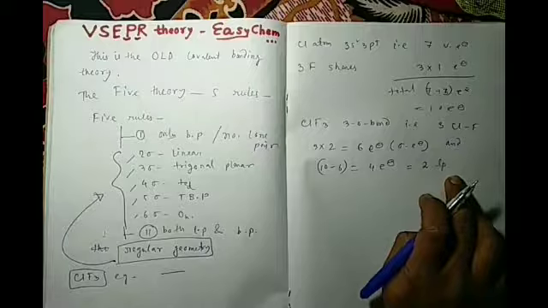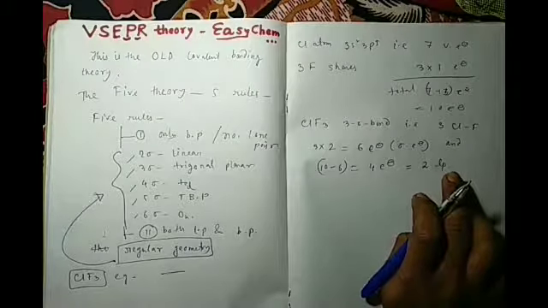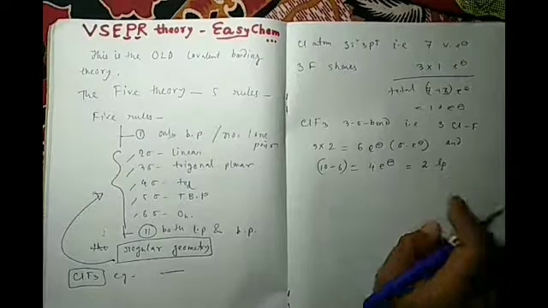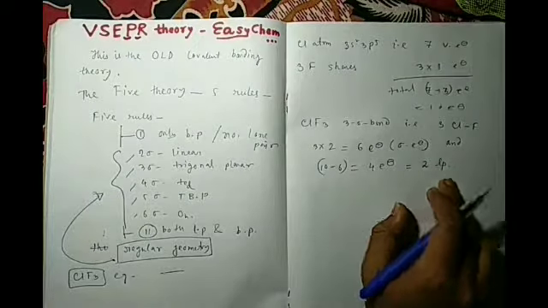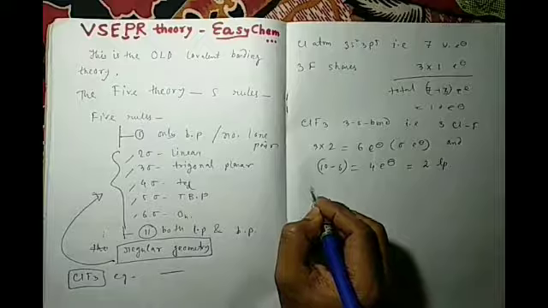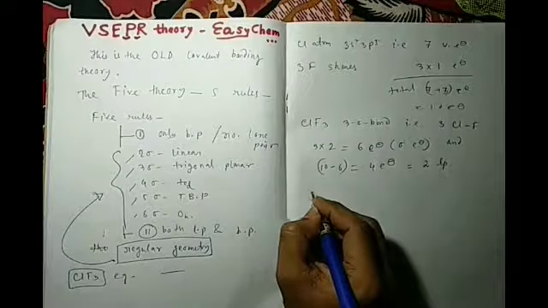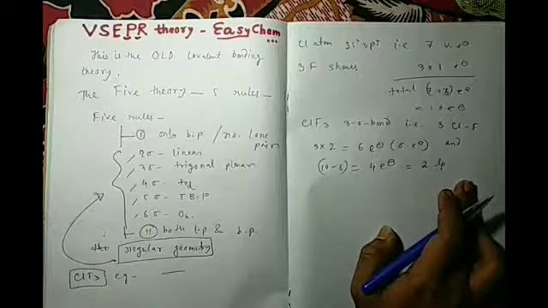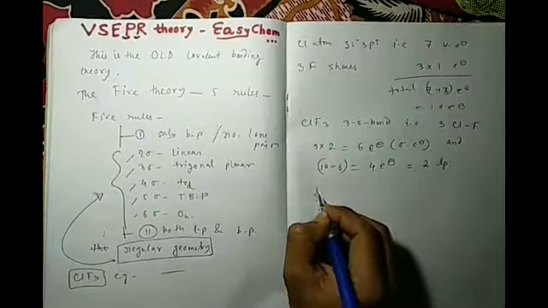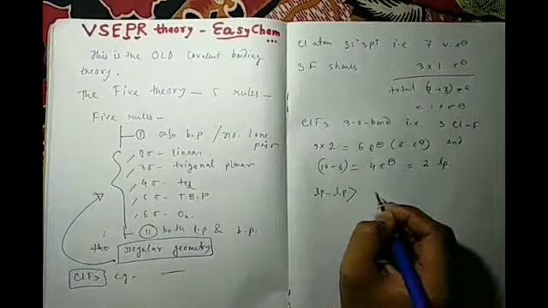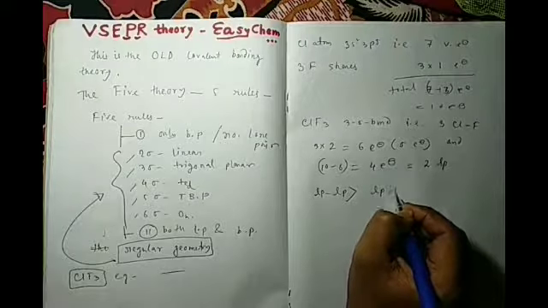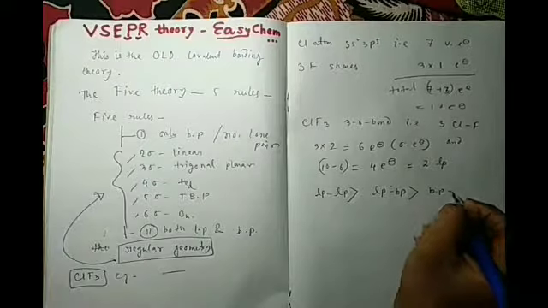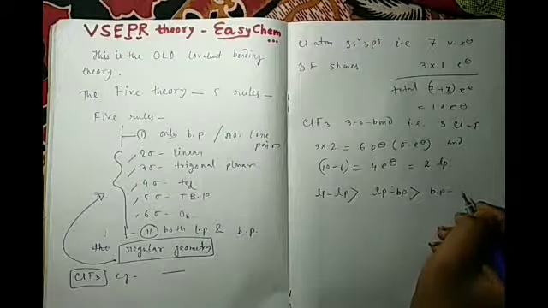So how is it controlled? Here the 2 lone pairs affect the structure by repulsion with the bond pairs. So lone pair-lone pair repulsion is greatest, lone pair-bond pair repulsion is slightly lower, and bond pair-bond pair repulsion is lowest.